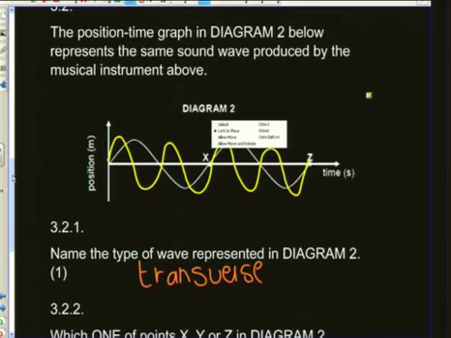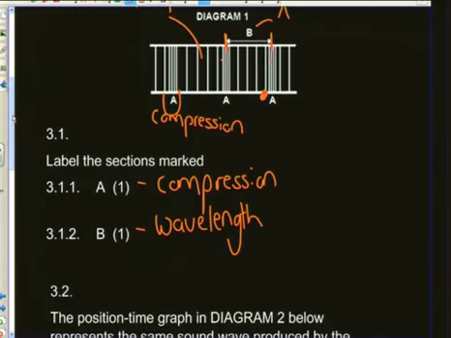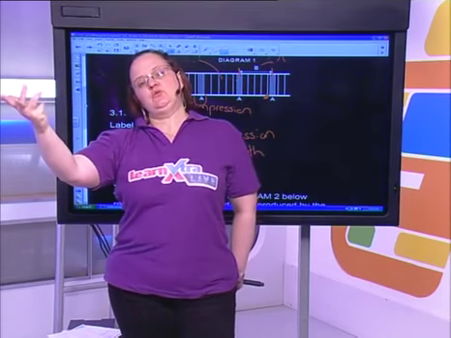This is a transverse wave. The way diagram 2 is drawn, it is a transverse wave. If they had said diagram 1, that's the longitudinal wave. So we've changed the longitudinal wave into a transverse wave, but you are correct. Sound is a longitudinal wave. Hopefully that helps a little bit.